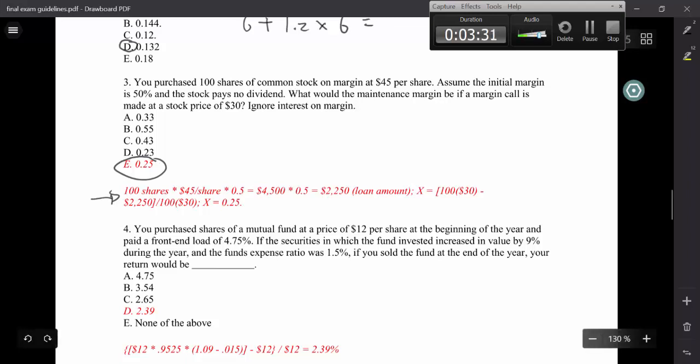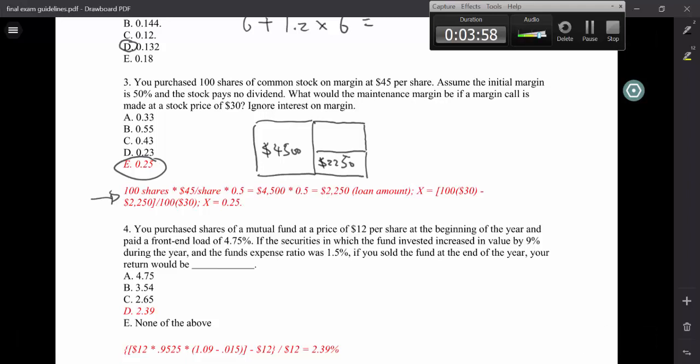You buy 100 shares, and it's $45 each. On your asset side, it's 50% on margin, so it's half funded on borrowed money. So this is your own money, 2,250. And it's asking you that if a margin call is made at $30, what is the maintenance margin level?